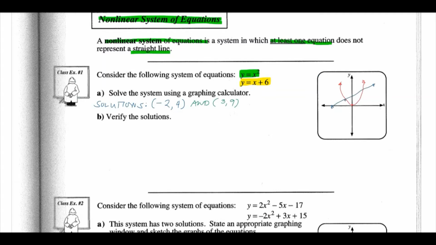The points of intersection are these, so these would be your solutions: (3, 9) and (-2, 4). These are your solutions.